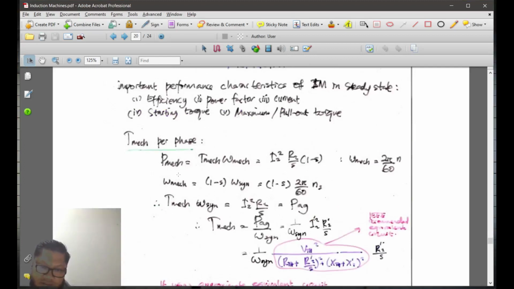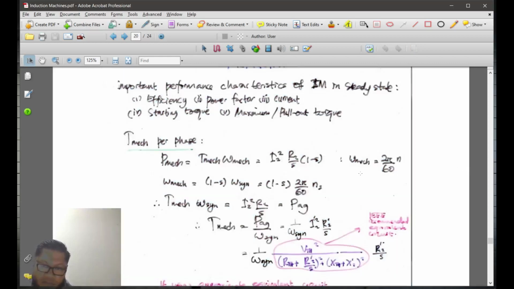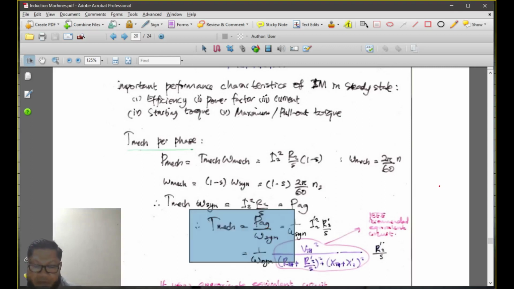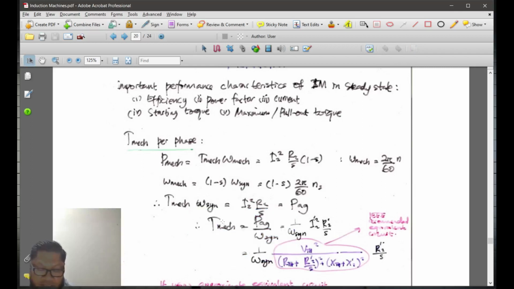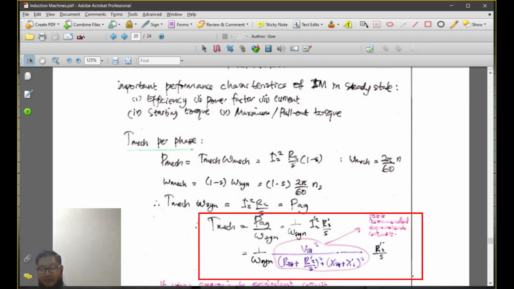So N equals 1 minus S times NS, and omega is in radians per second. This is the key equation that we're going to use for your AC drive. So we need to get what is VTH, then RTH.